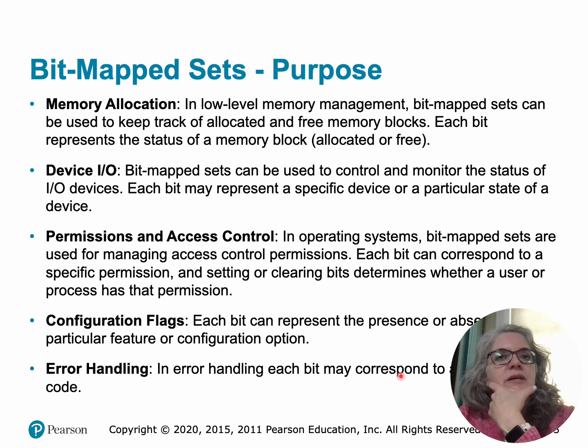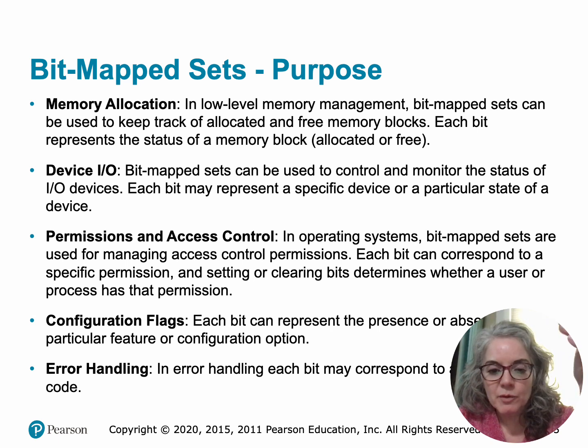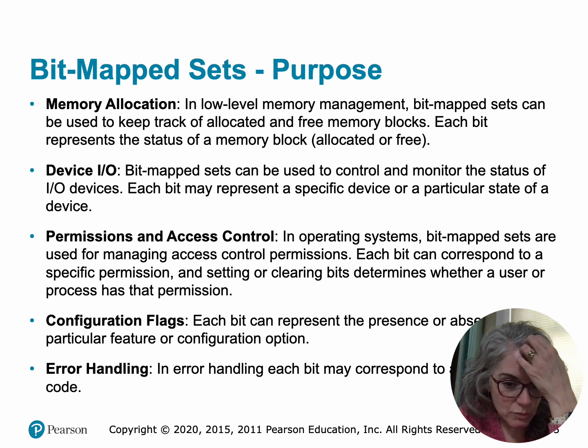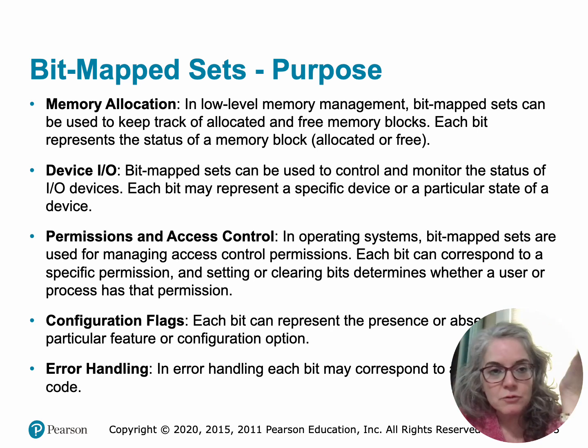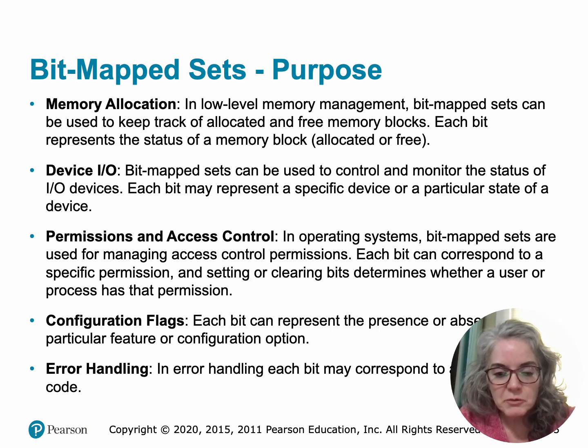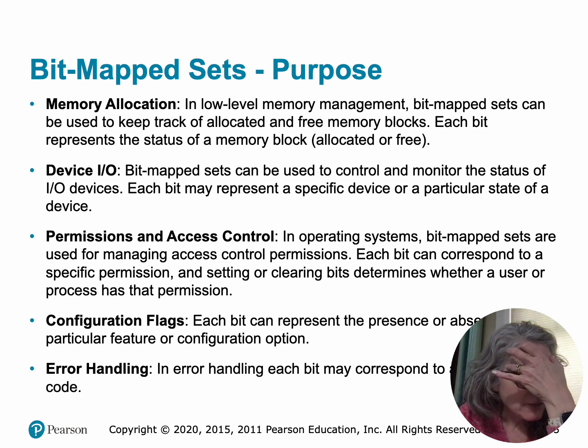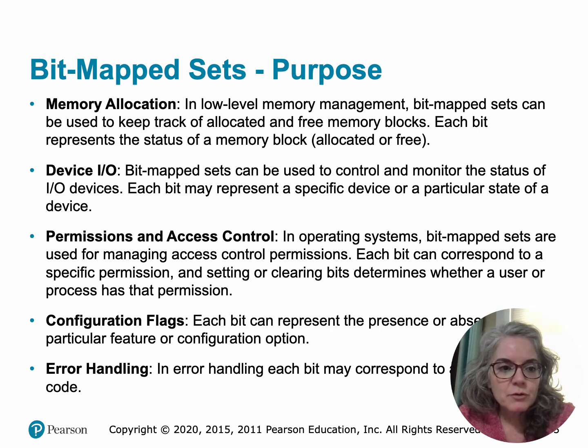And it could also be like, let's say that bit 0 is the printer, maybe that bit could represent if there's an error with the printer or not. So it could be, 1 tells you there's an error, 0 means there's no error. It's whatever you want to actually map the bits to.